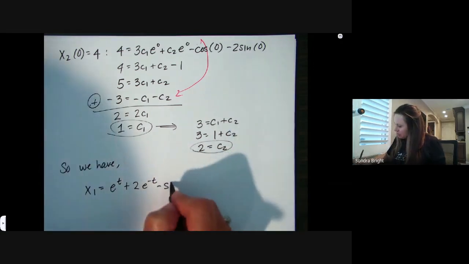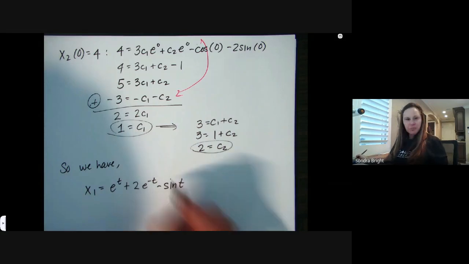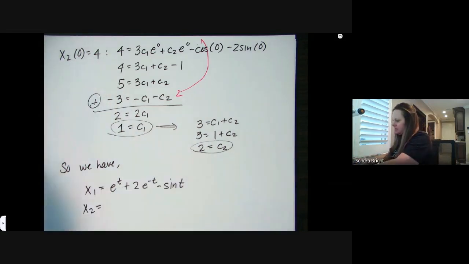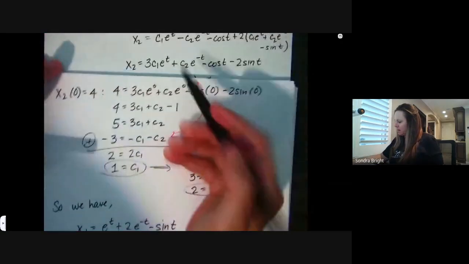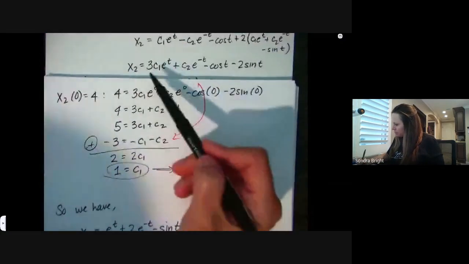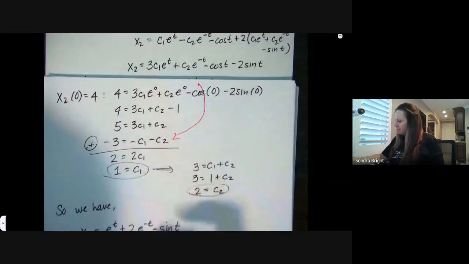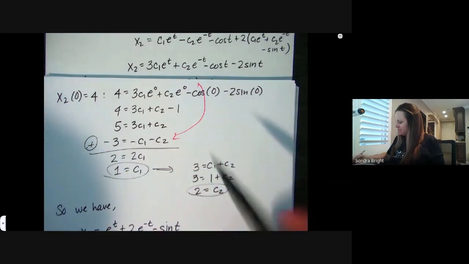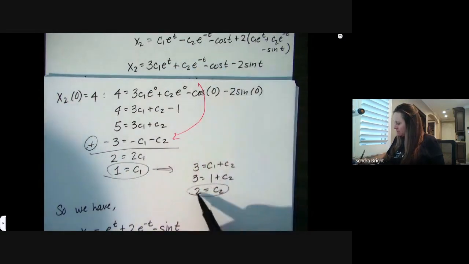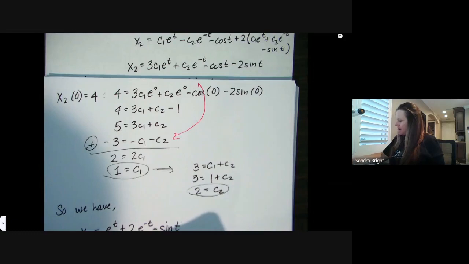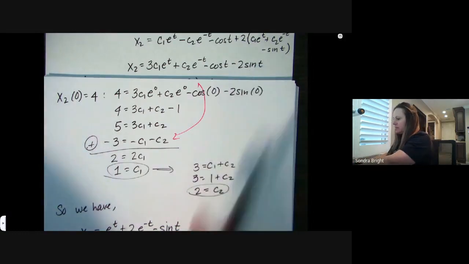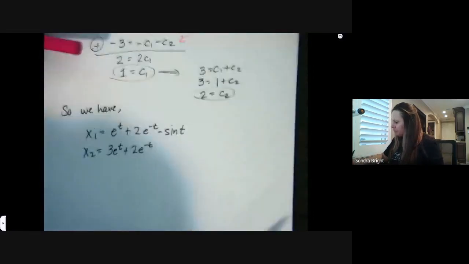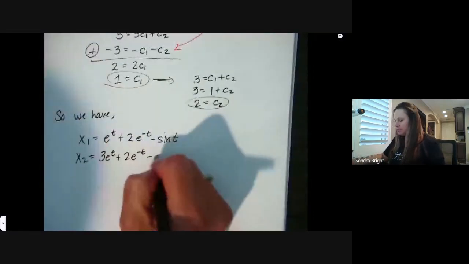And x2 was 3 times c1, well, c1 is just 1, so that's just 3e to the t, plus c2 e to the negative t, because c2 is 2, and then a minus cosine and a minus 2 times sine of t.